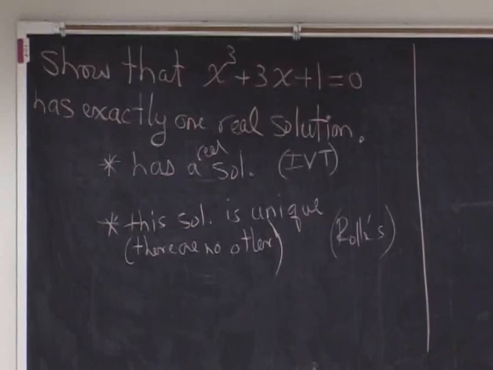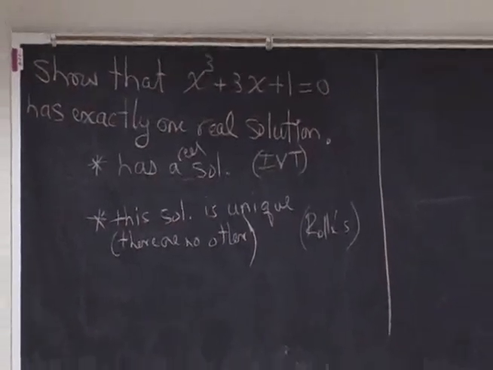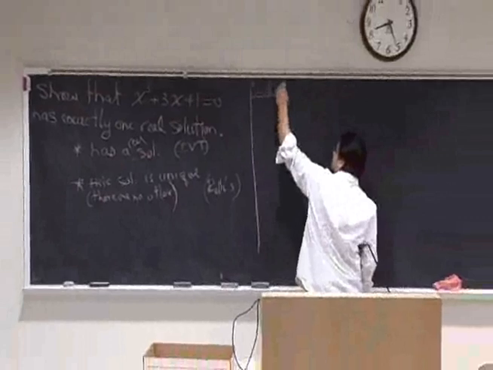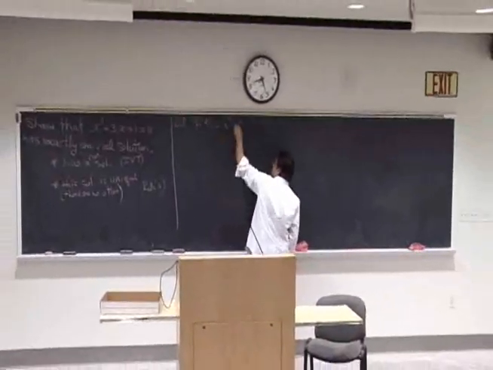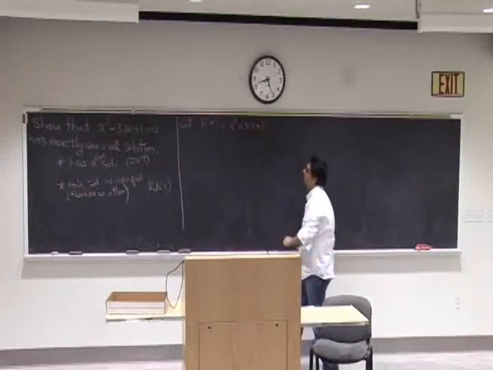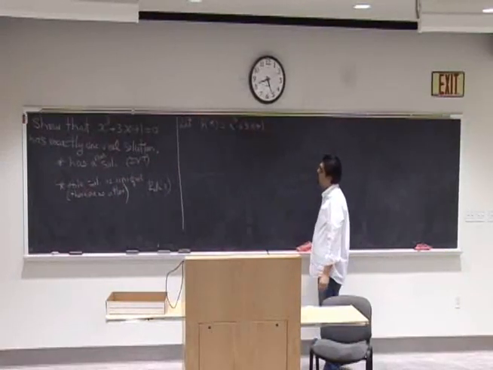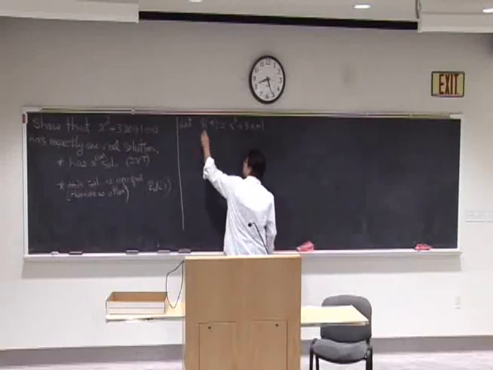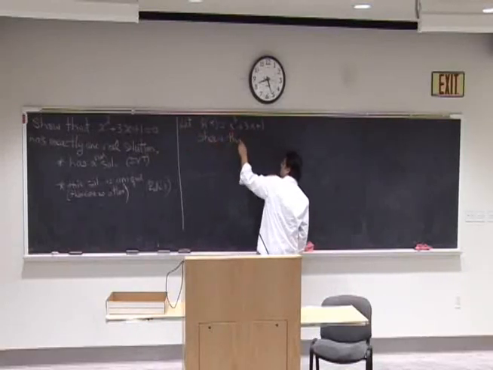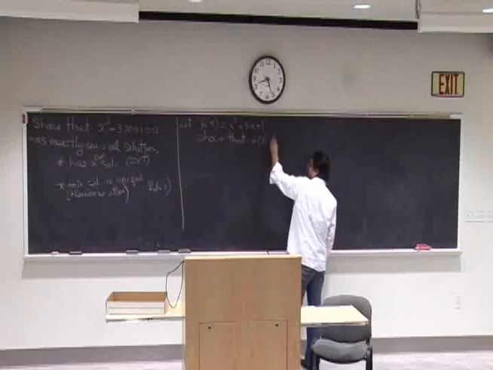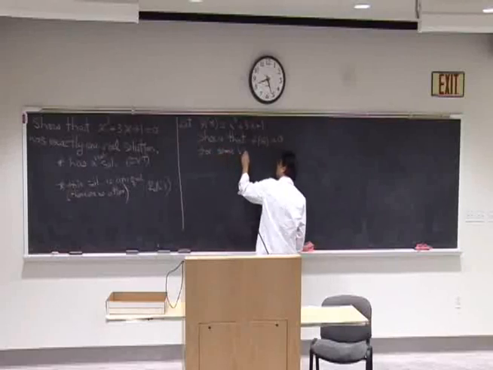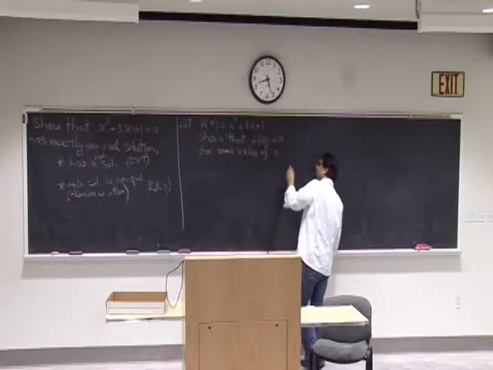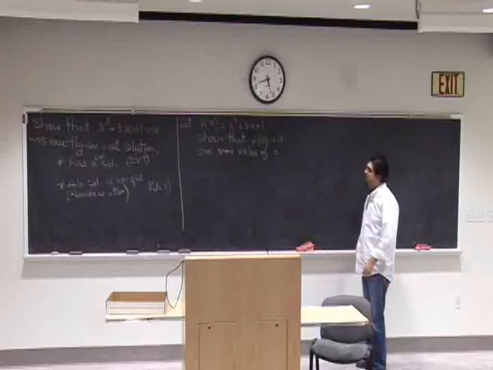Okay, so that it has a real solution. We're going to start by saying, suppose the left-hand side was our function, x cubed plus 3x plus 1. So what we'd like to do is show that f of c equals 0 for some value of c.